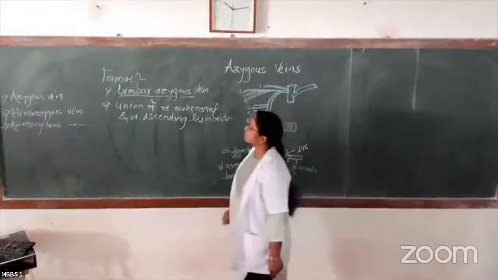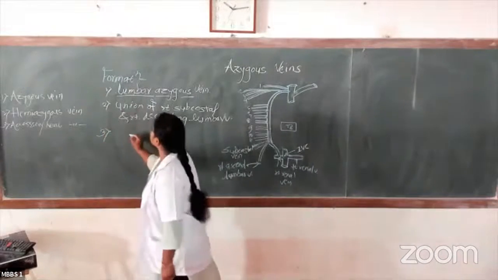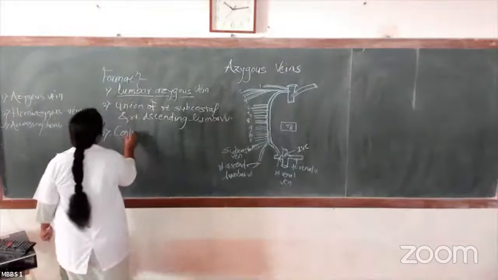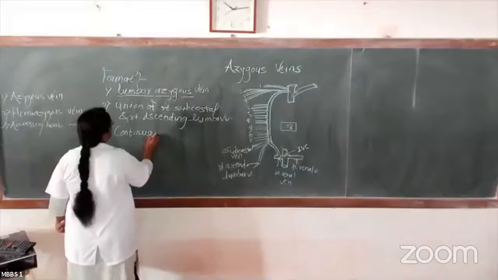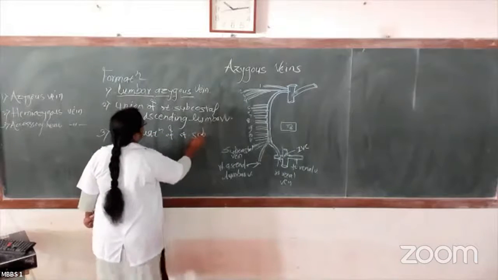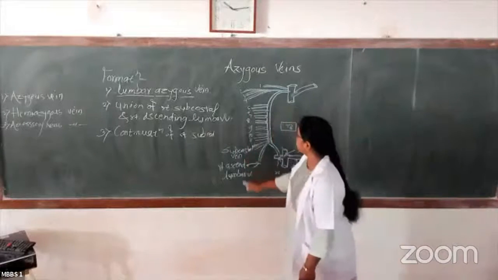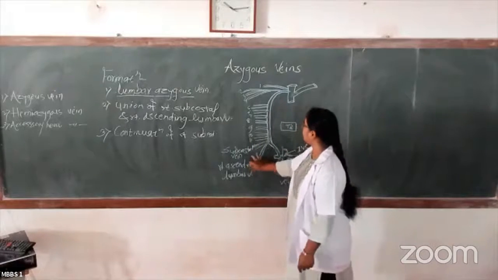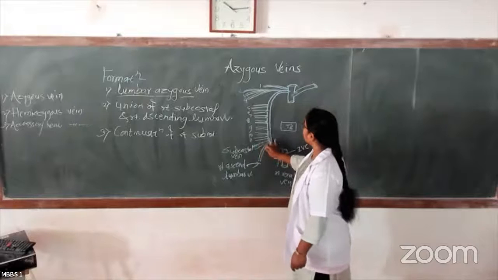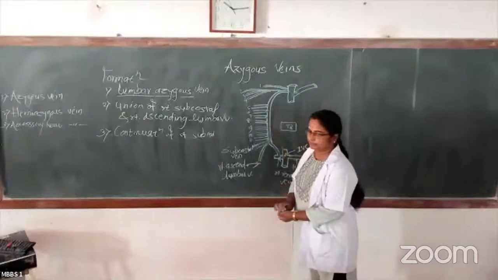Now, the next mode of formation is continuation of the right subcostal vein. So, in the third mode of formation, this right subcostal vein may commence as the azygous vein.